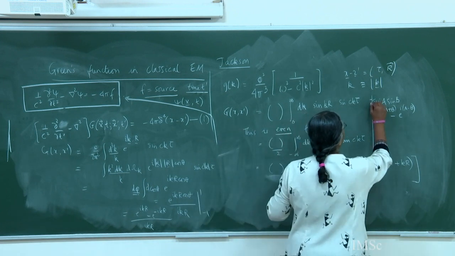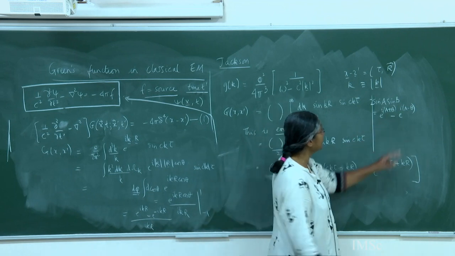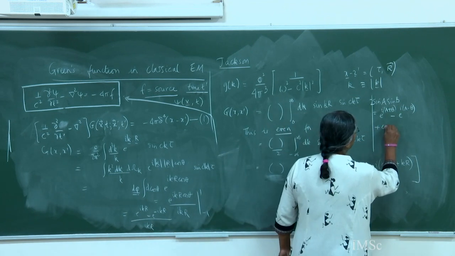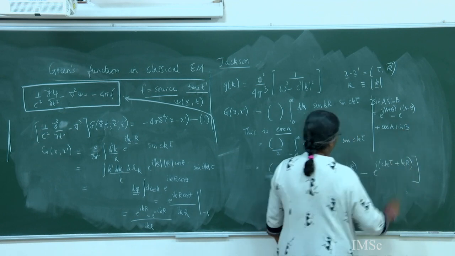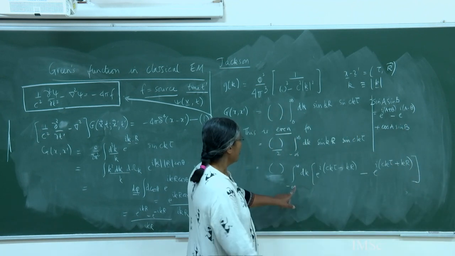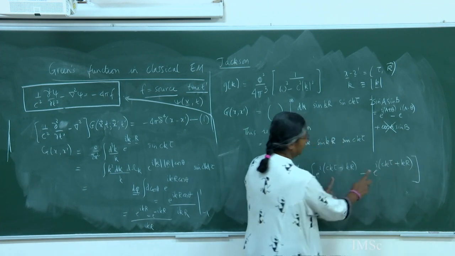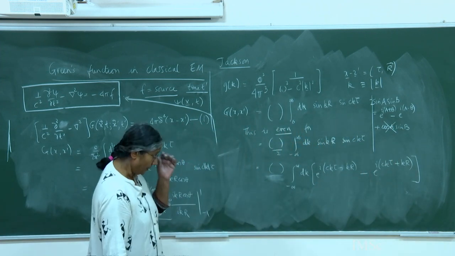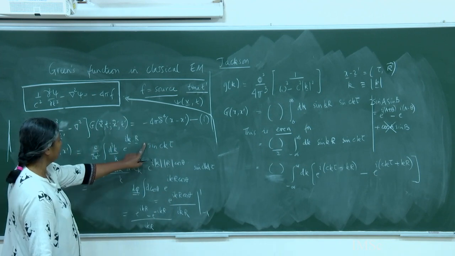I think there's a 2 over here, okay, fine. And what you will find is that apart from this, there will be another term which will contain cos A sin B, but that term is odd in this integration and therefore its contribution is 0, and I can write it exactly like this.